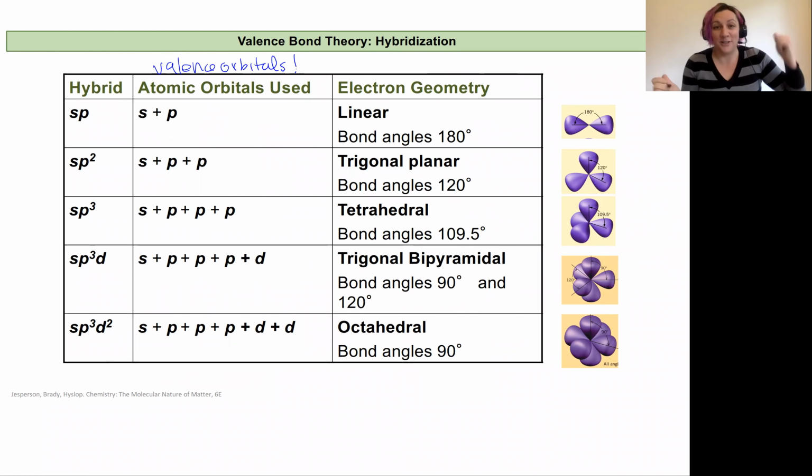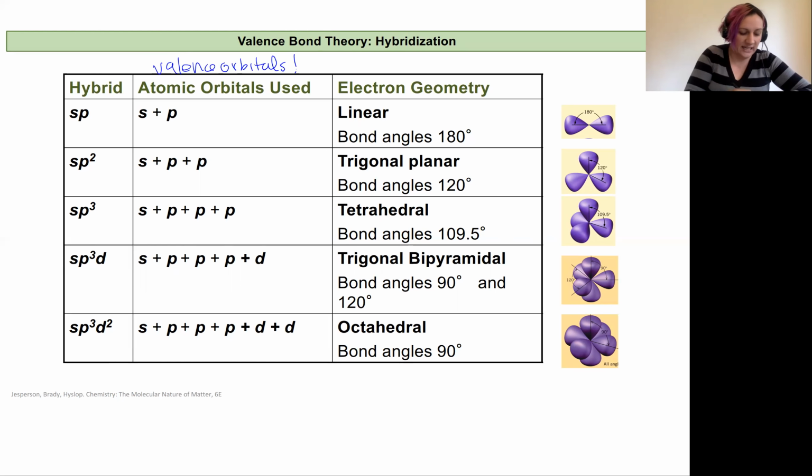But remember how we talked about expanded octets? Once you hit that third row of the periodic table, the valence shell has s, p, and d orbitals. Those d orbitals are empty because they're pretty high in energy, and we'll start filling the 4s first, but we have these empty d orbitals that we can hybridize into our bonding orbitals.